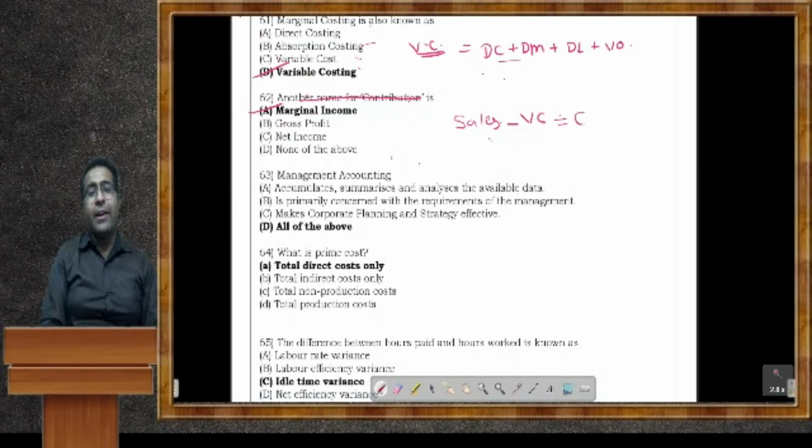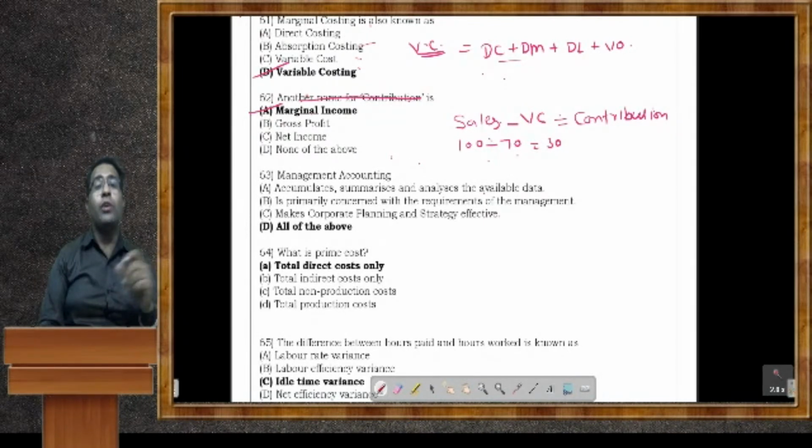It is regarded as contribution, meaning after selling the goods, how much margin we are getting. Suppose a product has a selling price of 100 rupees and it is produced at 70 rupees. So 30 rupees is the margin. From this 30, we have to deduct all types of fixed costs. So this 30 rupees is regarded as contribution. It is also known as the margin.